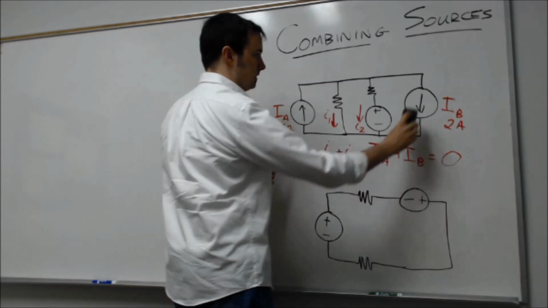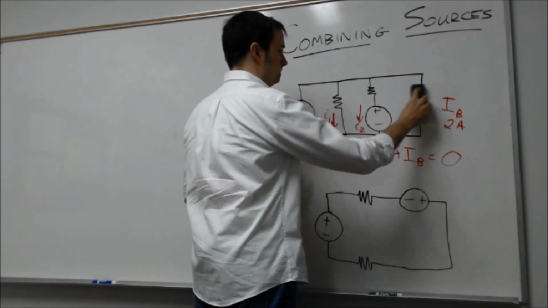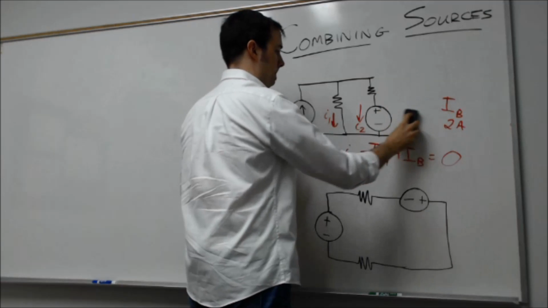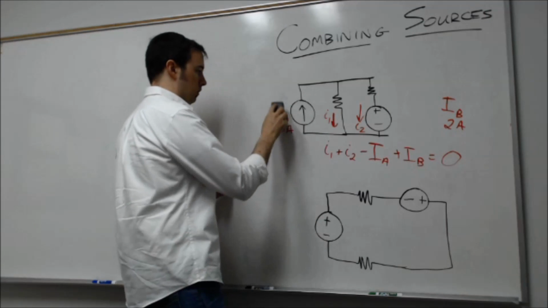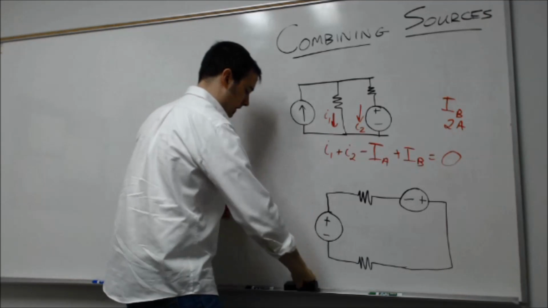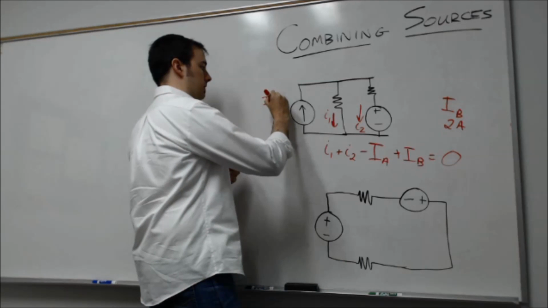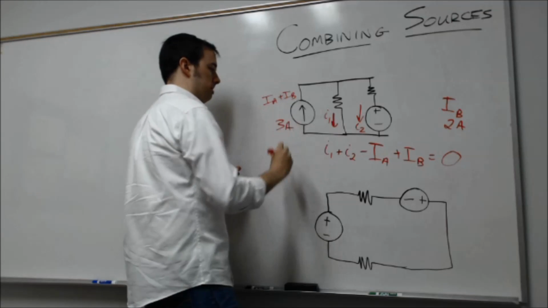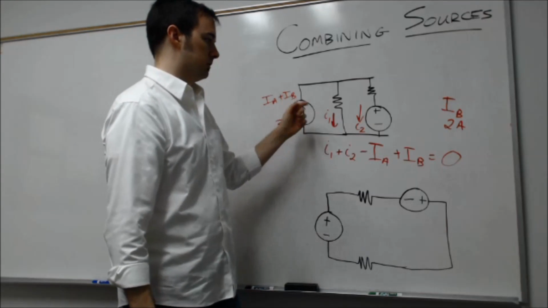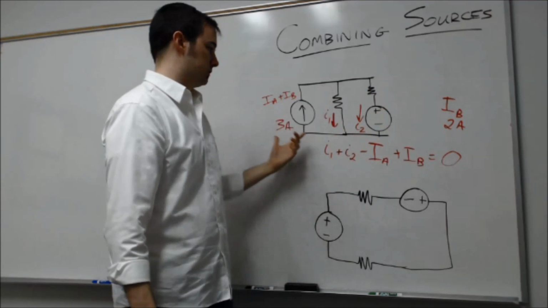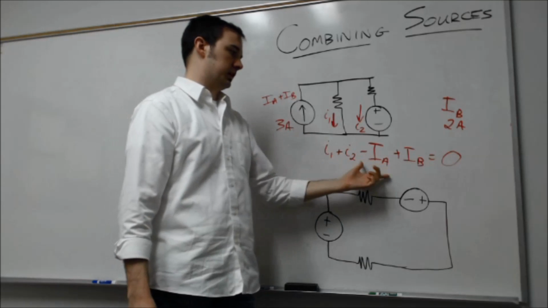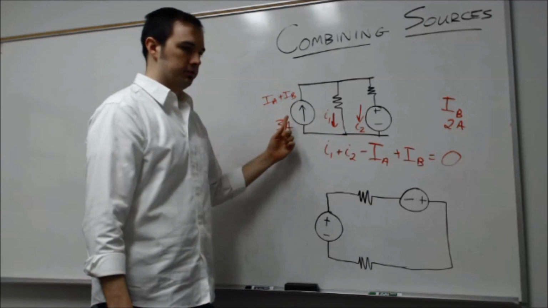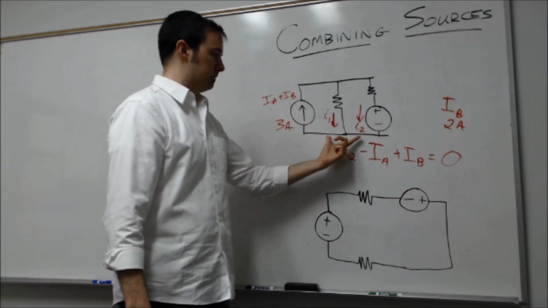I can then eliminate this one entirely, and the total of IA plus IB is going to be 3 amps, right? Because I had 5 going in this direction, but 2 going in that direction, so I had to take the difference, since one was a negative quantity and one was positive. So now I have a net of 3 amps leaving this node.